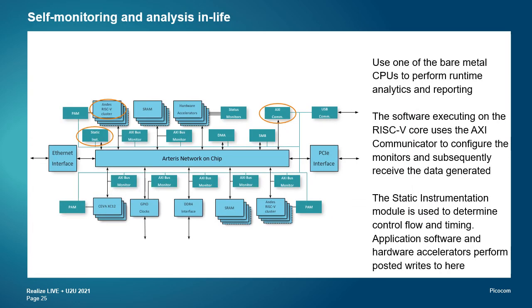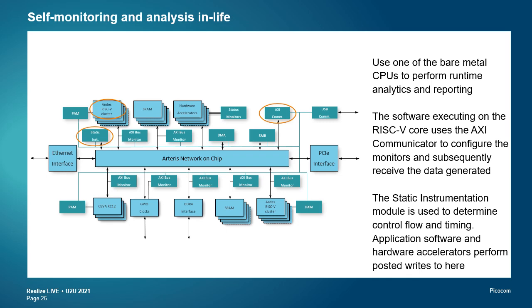What we saw earlier was some of the capabilities of some of the embedded analytics modules. What I want to do now is to give you an idea of how those capabilities can be used in life, in the field, to monitor how the system is behaving. To do that, what we can do is have one of the CPUs and load some analytics software on that.